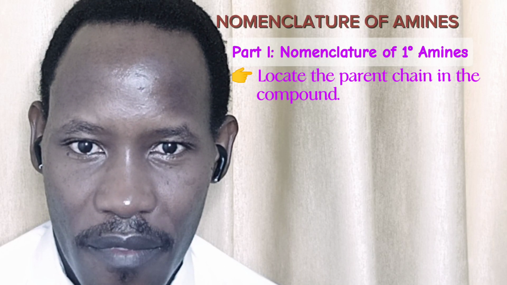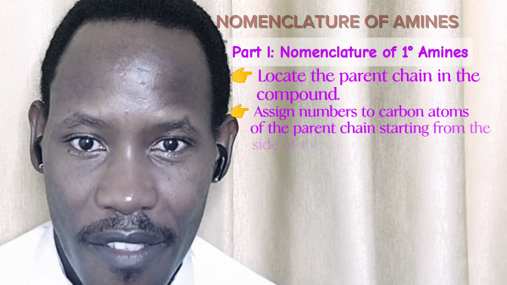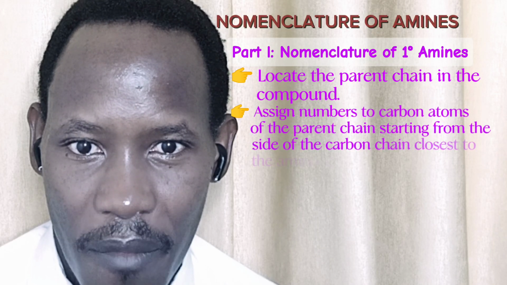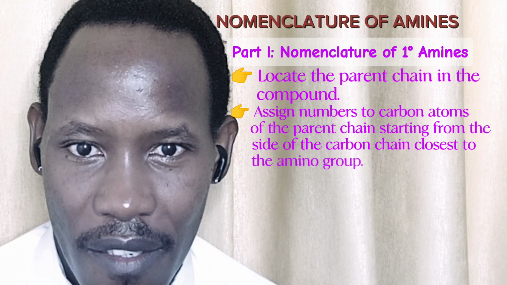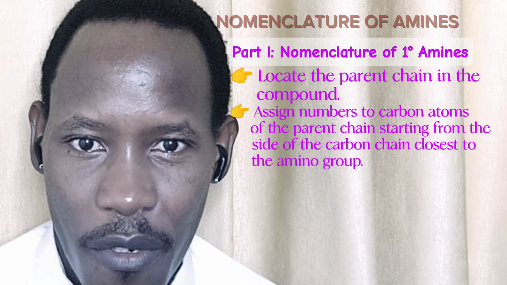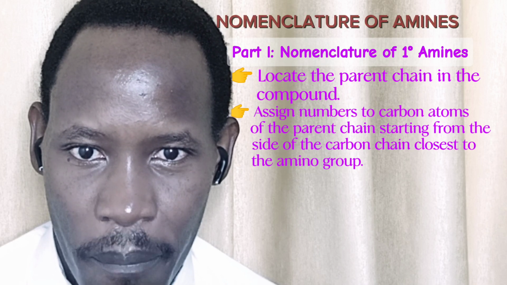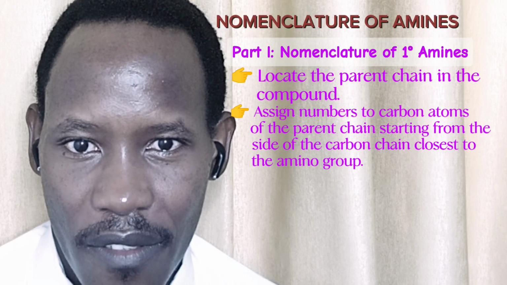Guideline number 2 is that always assign numbers to the parent chain of the amine such that the carbon atom that bears the amino group has the lowest number. We shall practice that one severally.